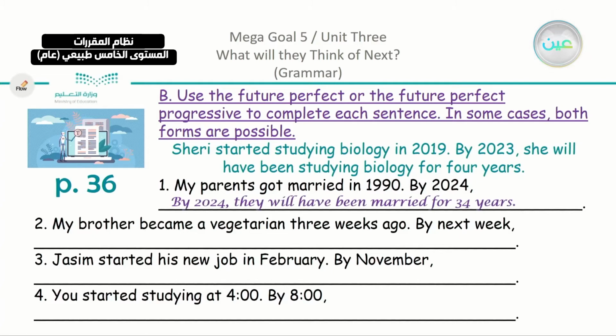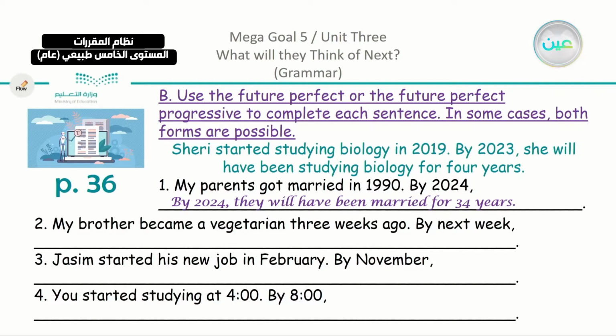By 2024, they will have been married. Why? Because I am focusing on the time. Here I am mostly interested in the time. So here we use the future perfect progressive. They will have been married for 34 years.